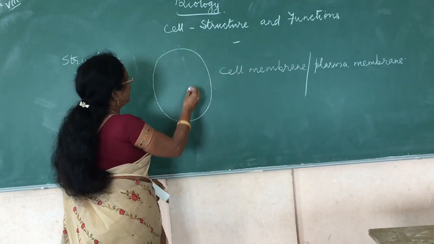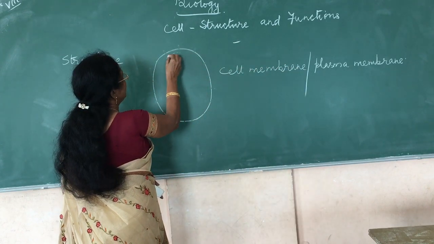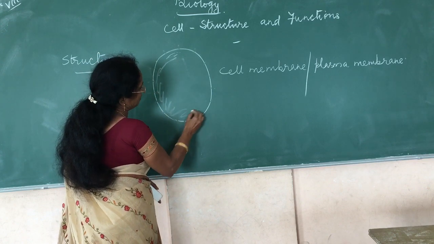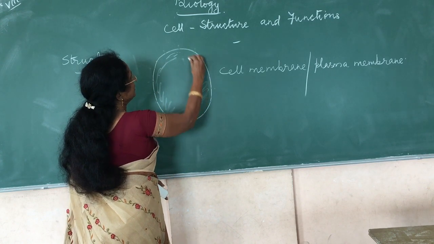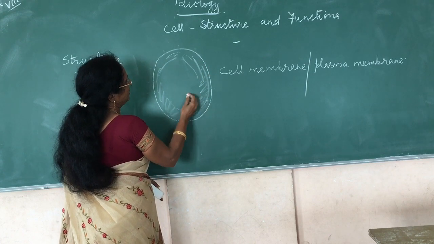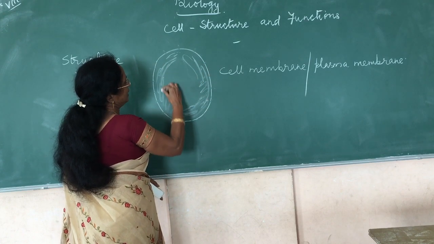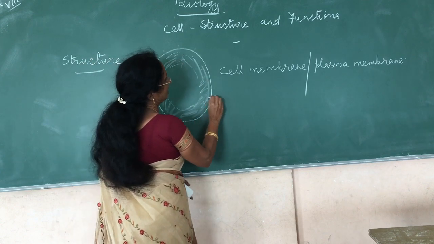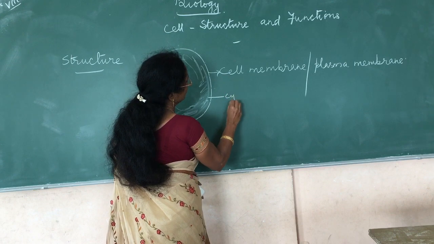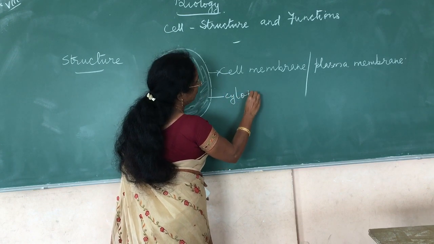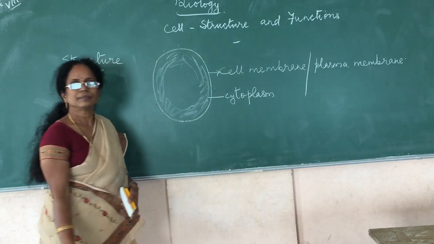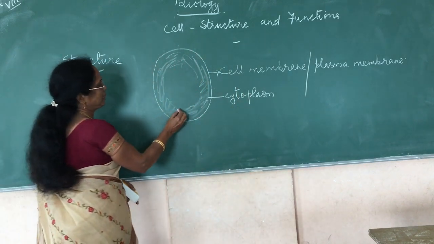Then, as we discussed that day, it has a jelly-like substance inside, and this jelly-like substance is called cytoplasm.